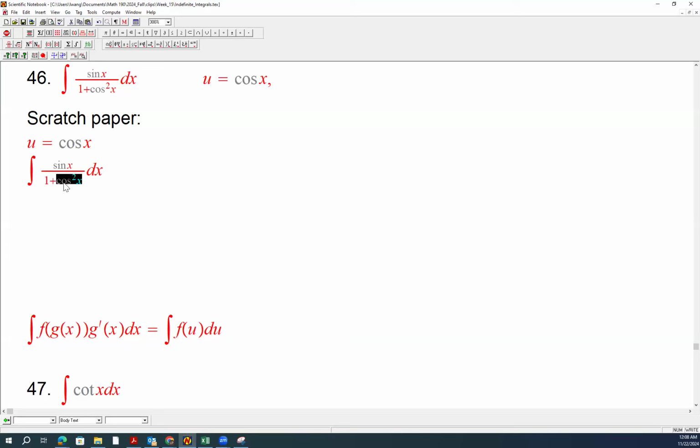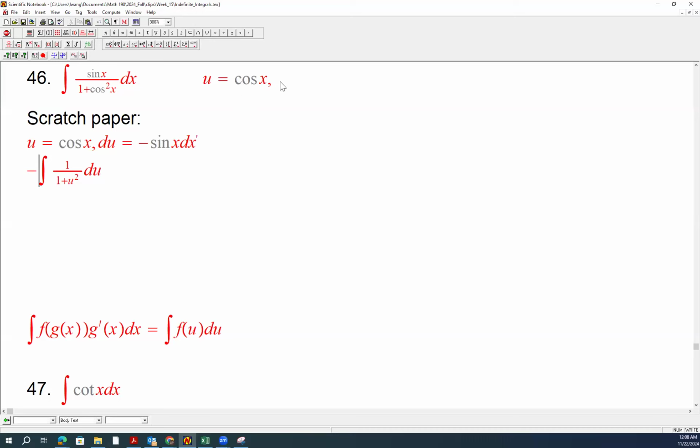So this is going to be u squared, and du equals negative sine x dx. And we have sine x dx. There we go. This is going to work. So sine x dx is going to be negative du, put a negative sign in front.